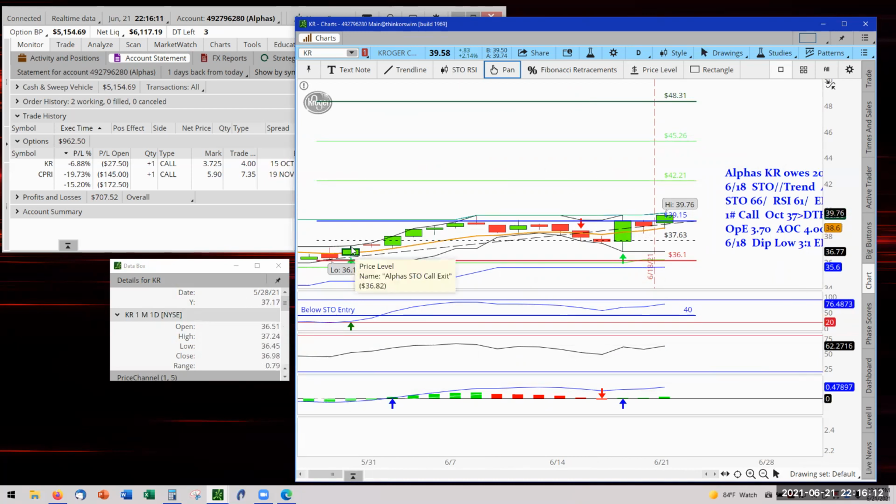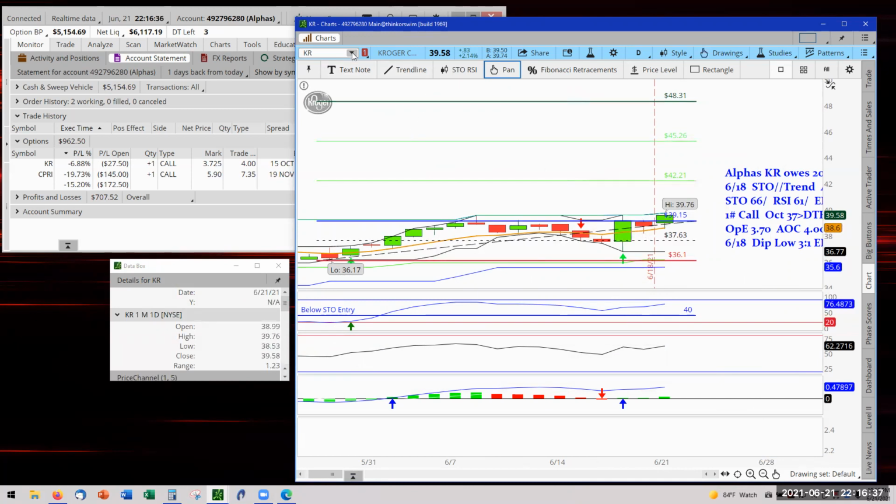That would have been the perfect entry for this trade back on May 28th. And then the third ratio would have been somewhere in here. We still probably would not have reached the third ratio. We probably would still be in this trade. But those are the setup rules for June for the strategy for stochastics on the alpha account.